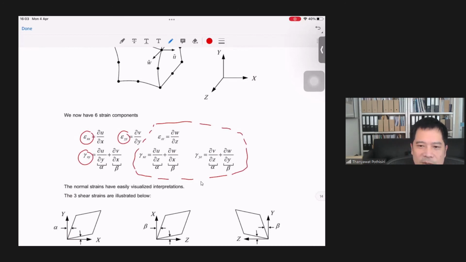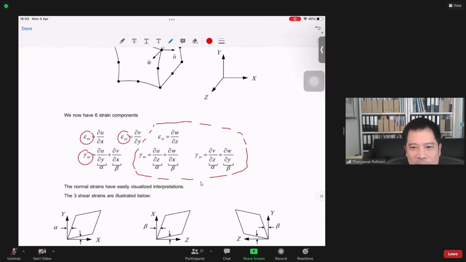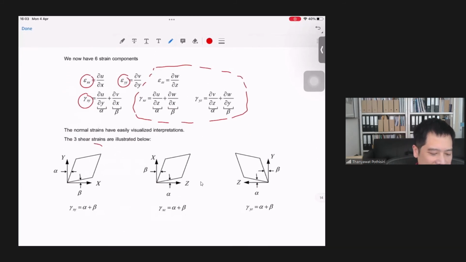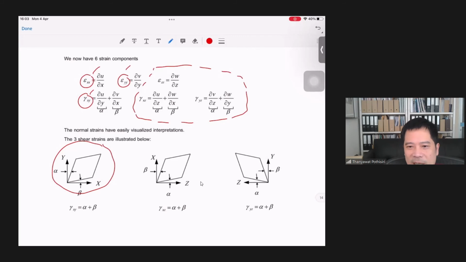But these additional strain components, if you think about them, you will see that they are very similar to what we have in plane problems. But now instead of looking only in x and y plane, if you look in xy plane, then you see these three strain components, right? For the other strain components, you need only look on a different plane.